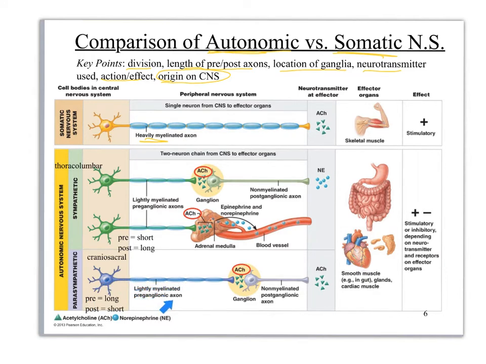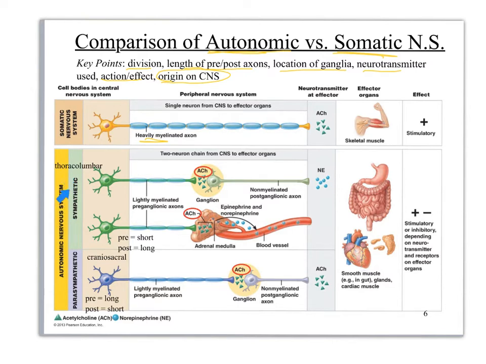It is lightly myelinated. It's going to go to a ganglion right here, and it's going to secrete acetylcholine. That stimulates the postganglionic axon, which is not myelinated, and that's going to secrete acetylcholine. Depending on what the target organ was, it can be excitatory or inhibitory.